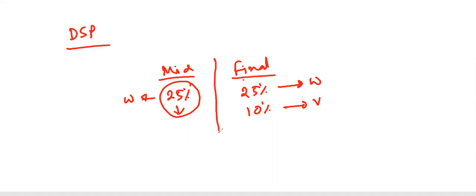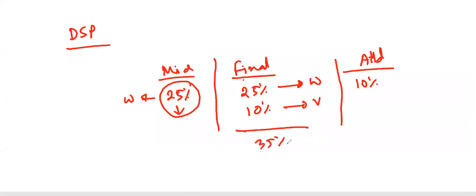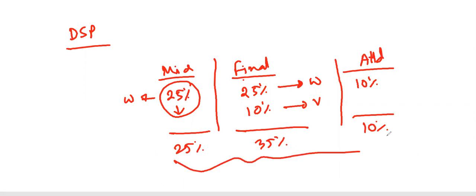There is also attendance and performance, which is 10%. So in the final, this is 35%, in the mid, this is 25%, and attendance is 10%. So altogether, this is 30, 40, 50, 60, 70%.